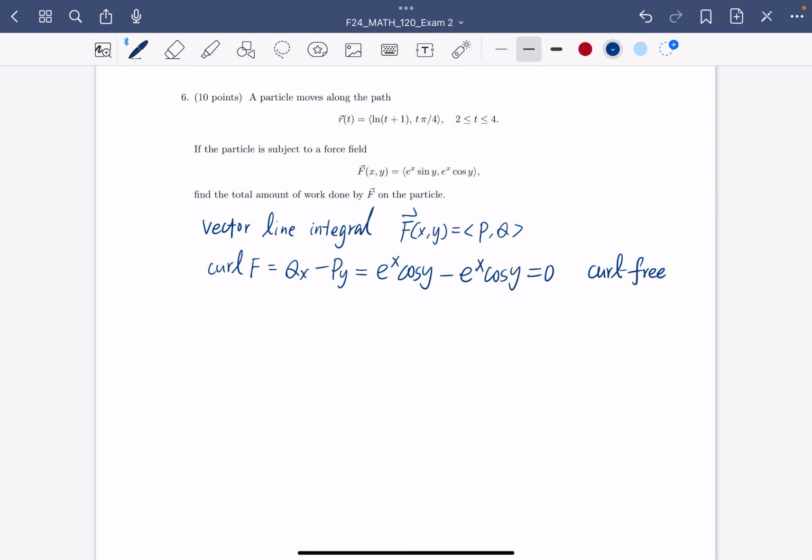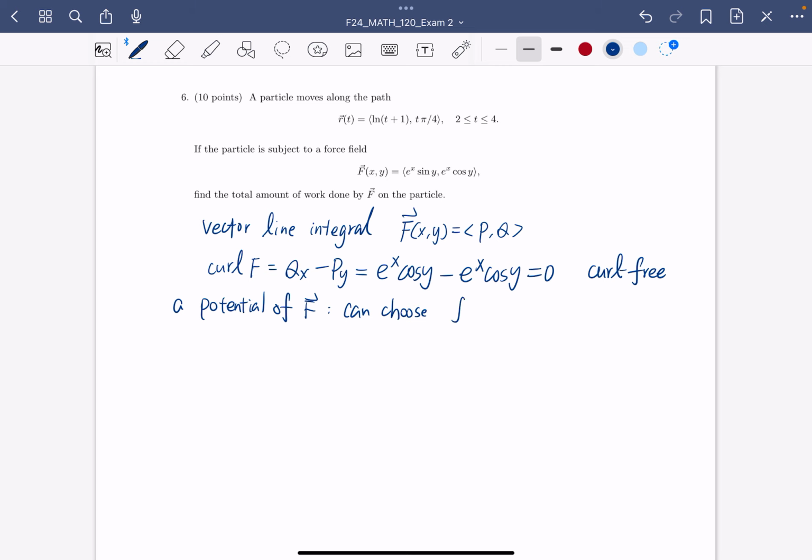Then if we can find the potential of F, we can utilize the fundamental theorem of line integrals to compute the vector line integral of F directly, right? So a potential of F we can choose.